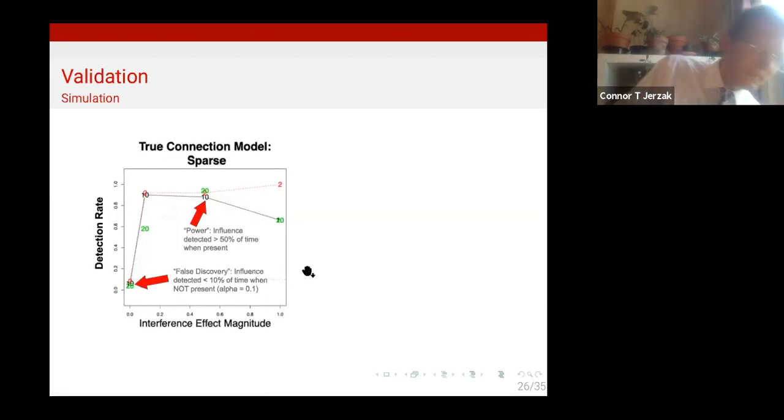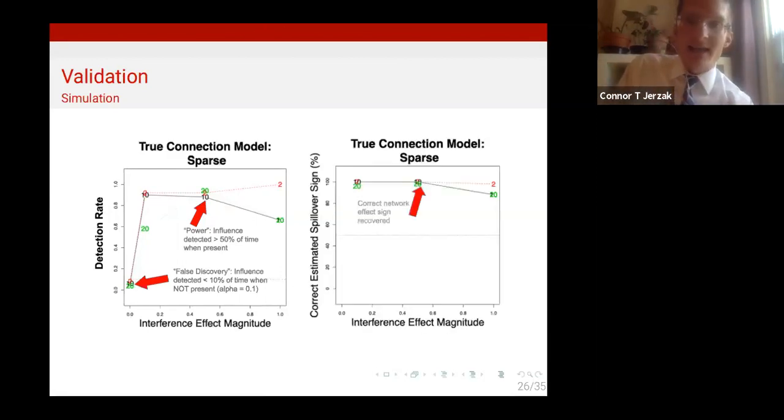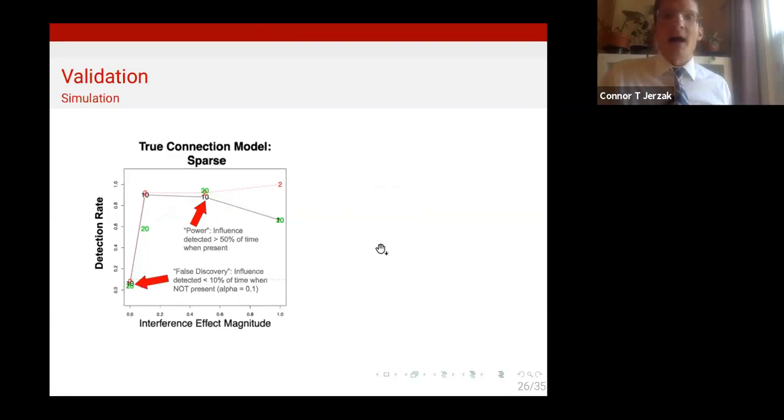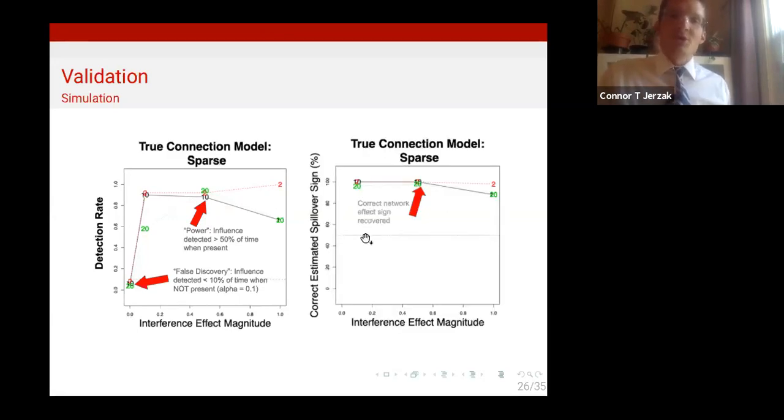And the second thing which I'll look at is the ability to estimate the correct spillover sign. So unfortunately, we don't have time today to go through the estimation of network effects in this framework when we don't observe the true network.